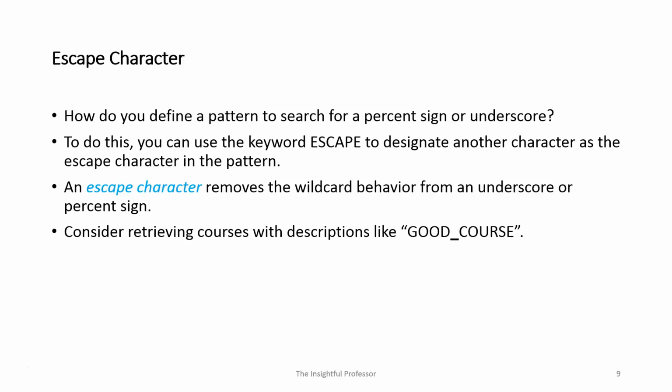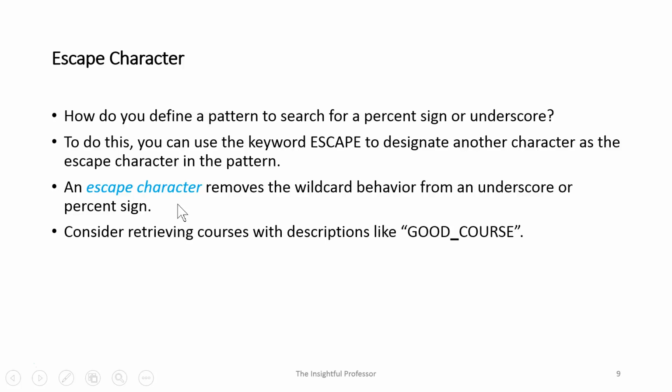If you're familiar with superheroes, you're probably familiar with Superman. And there was something that neutralized Superman's superpowers. That was called kryptonite. Well, they chose not to call it kryptonite in relational databases. I think that's a flashier or sexier name. It would have caught on. But instead, they chose to use something called an escape character.